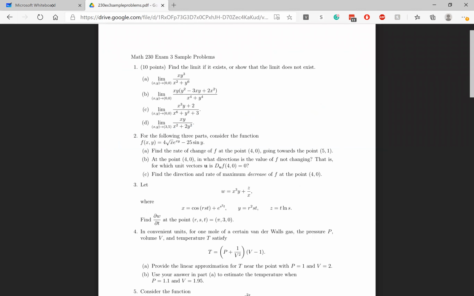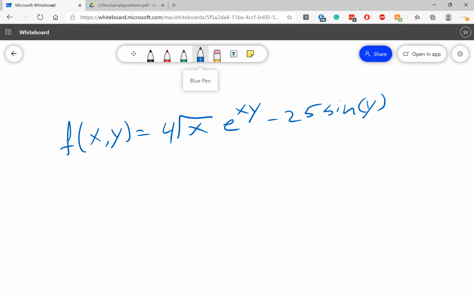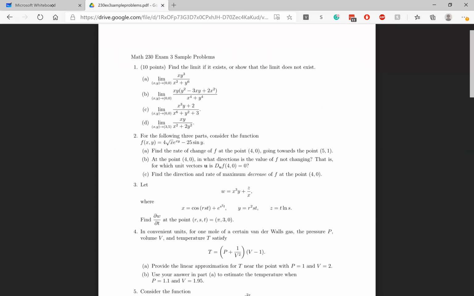Okay. And so first we want to find the rate of change from the point (4, 0) to (5, 1).